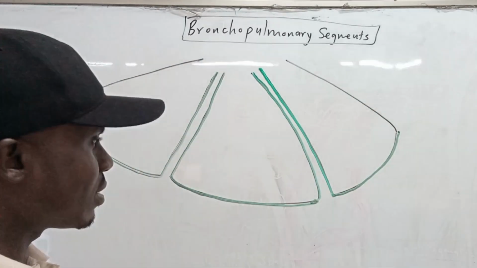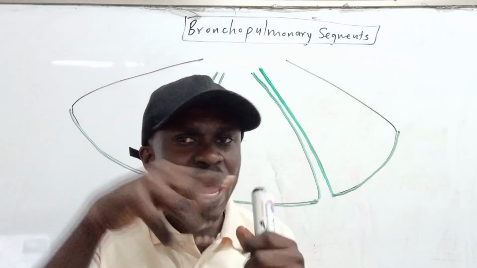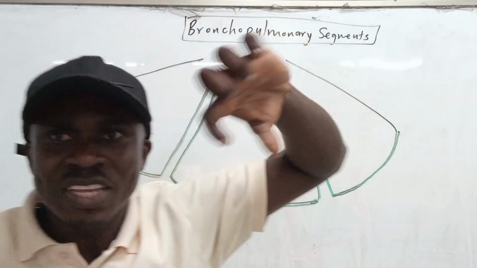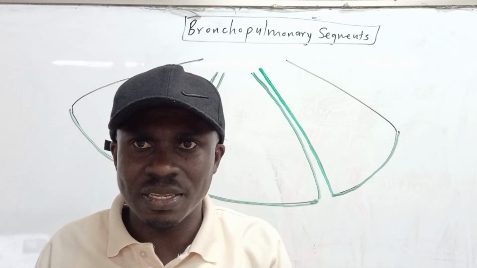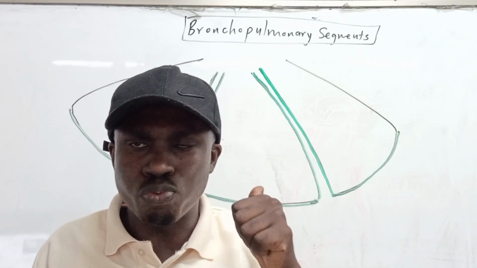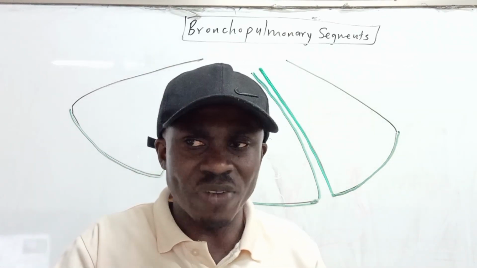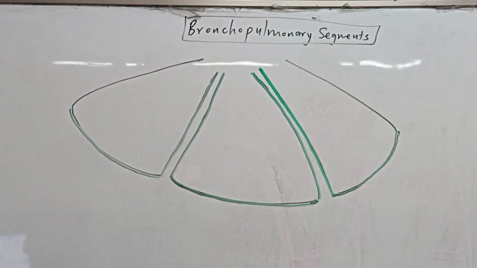Now, for these pyramidal structures, what is the direction of the apex? Whenever I talk about apex, I'm talking about the narrow region. The apices of these pyramidal bronchopulmonary segments are directed towards the hilum of the lung.